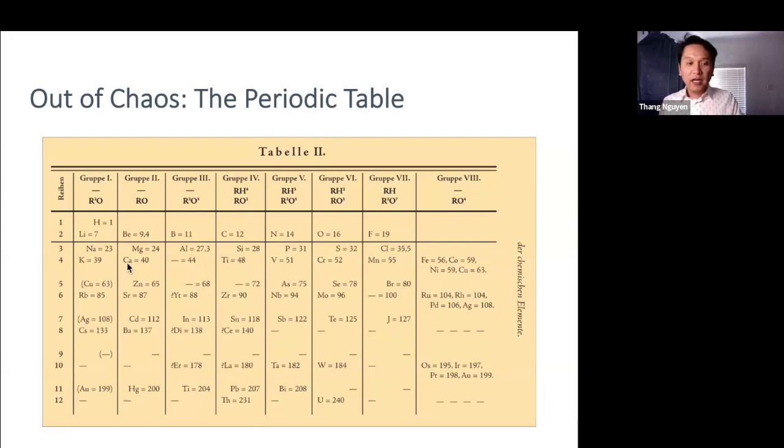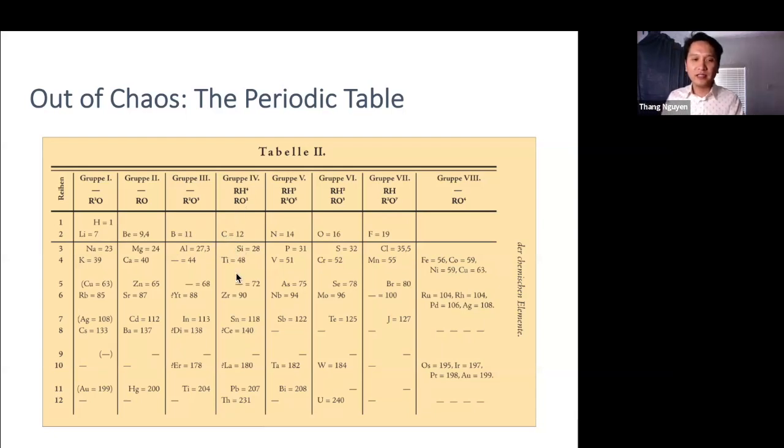Then calcium, and then here's the thing: the next element they knew existed at the time was titanium. But then he realized, wait a minute, titanium can't be next because it doesn't really act like boron, right? It acts more like silicon and carbon.